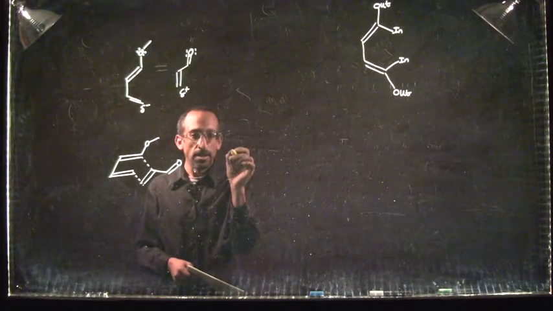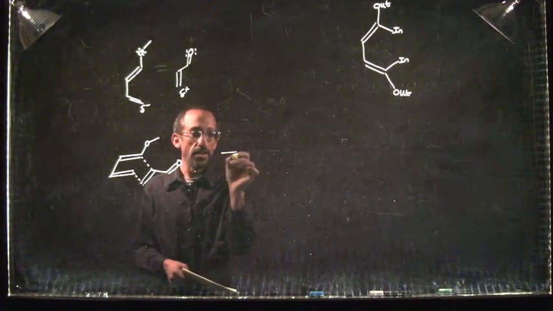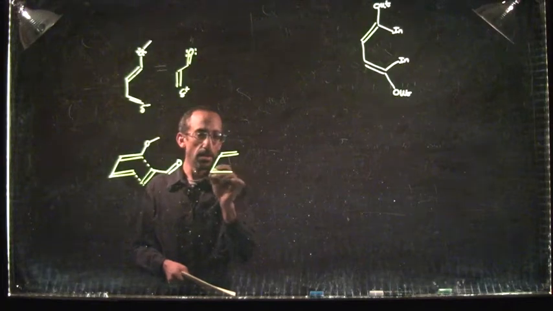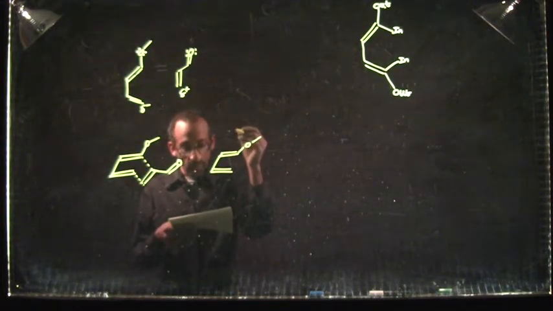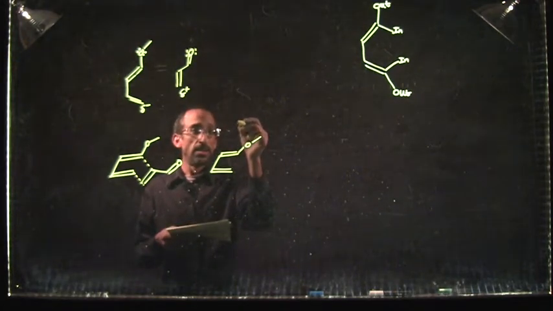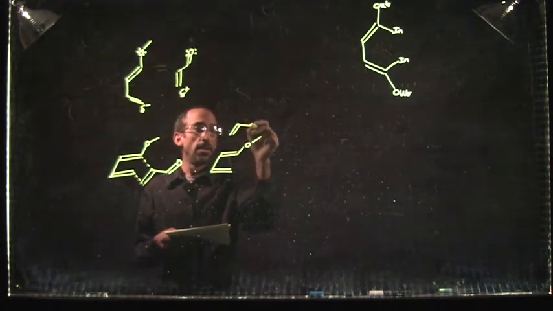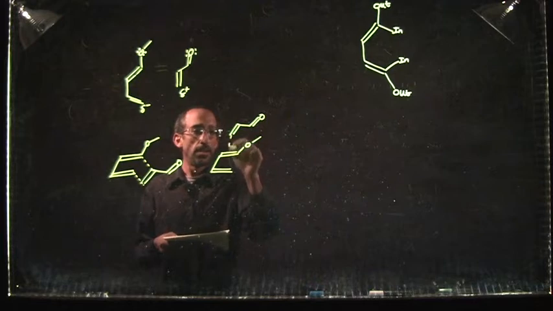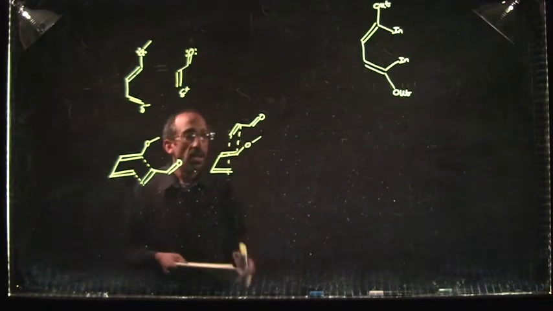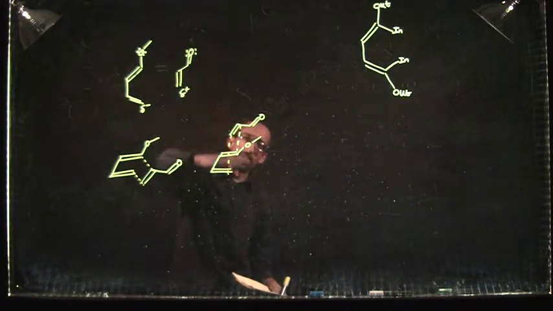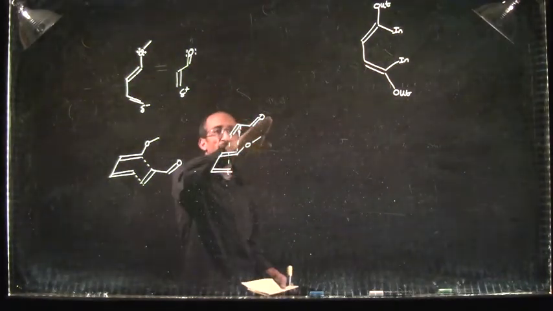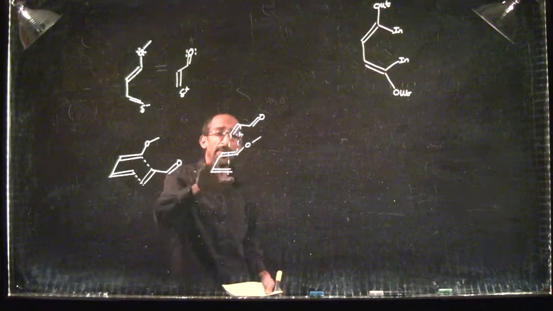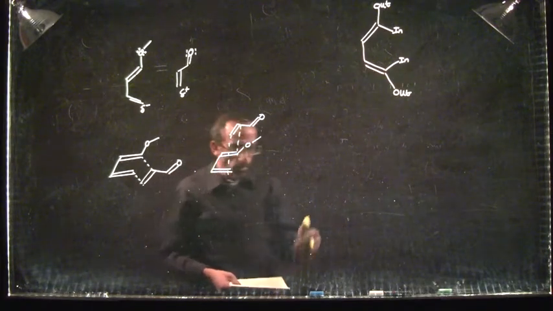The other transition state in this situation, we would have our dienophile approaching from the top, coming down onto our diene, again with our carbonyl away from the sigma bond.